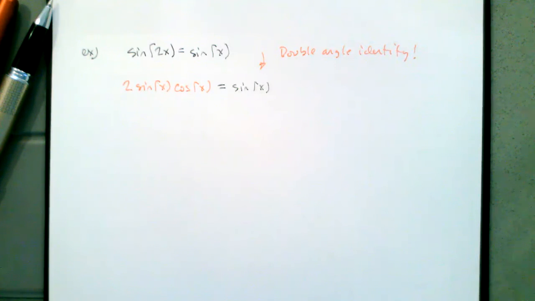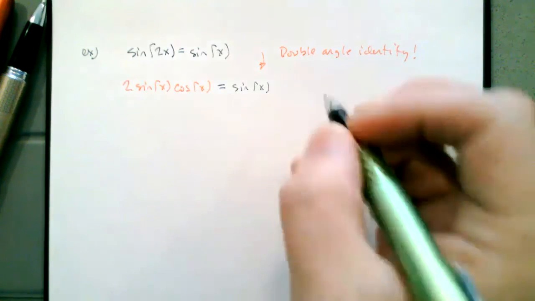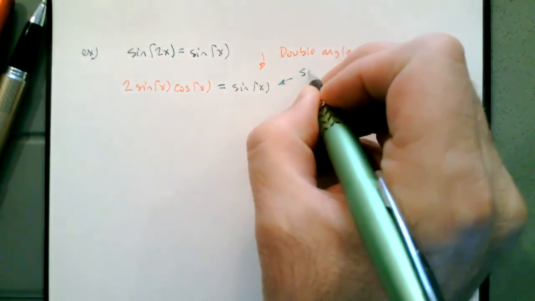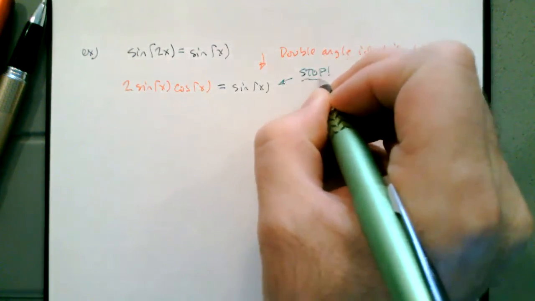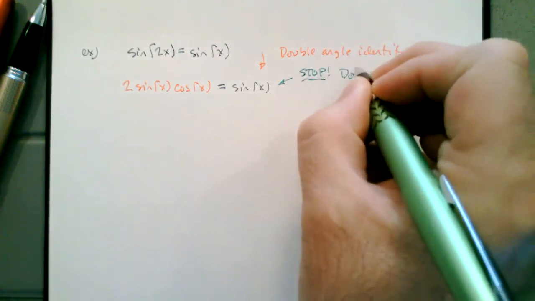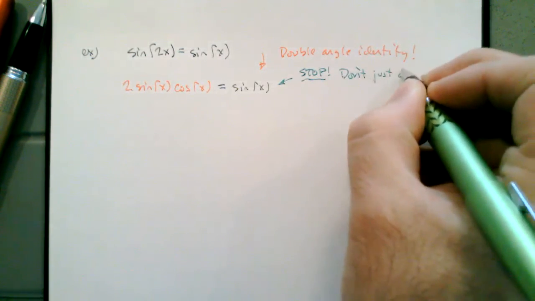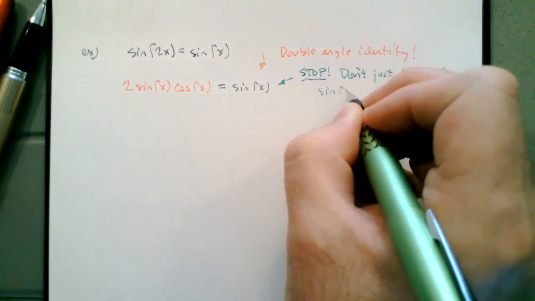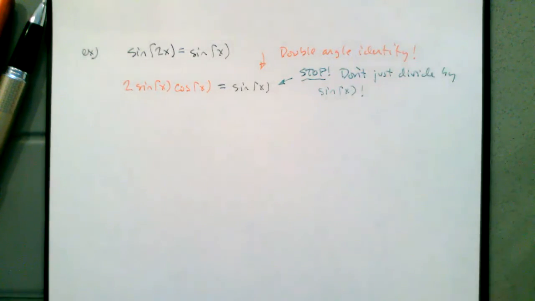The problem is we can't just go around dividing by sine of x. Why can't we just divide by sine of x? Is it because you don't know what quadrant it's in? It's different than that.